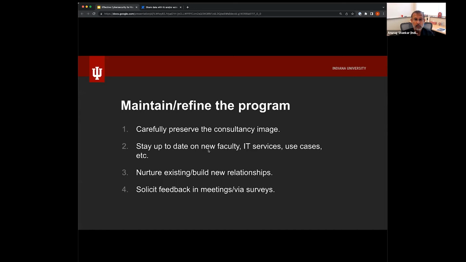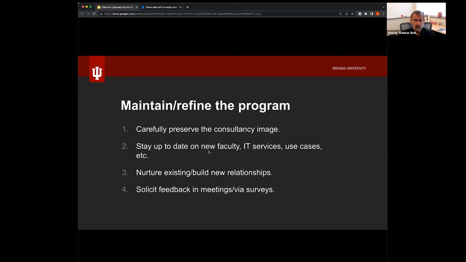You have to keep up with what's going on on campus, and so that means you have to stay in touch with the stakeholders and understand what the departments are doing, deans and so forth, IT services, new services, new use cases. And a lot of that happens in these interactions themselves, but you have to make explicit effort.